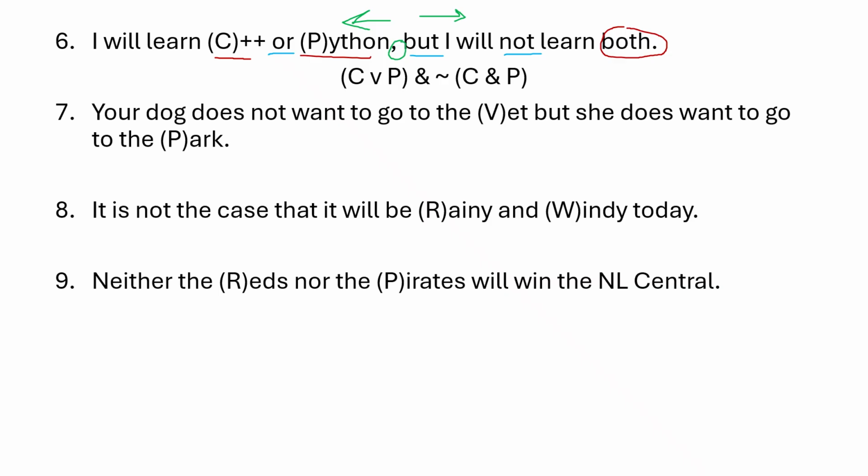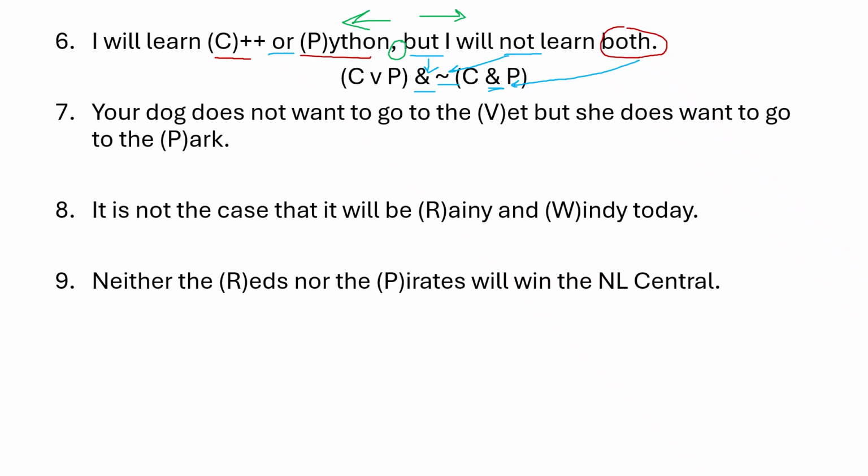So our but is this here. I will not, so not being our tilde here, learn both. And then both is implying a conjunction. So that's how we would ultimately formulate this sentence or symbolize it.